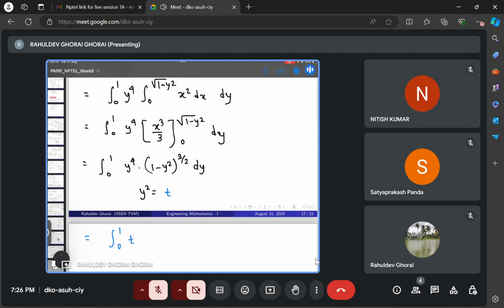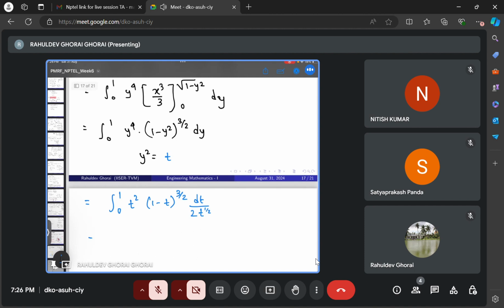Then t square times 1 minus t. See, that's why I made y square equal to t, so that it will be 1 minus t to the power 3 over 2 times dy. So dy will be dt over 2 times y, that is t to the power half.